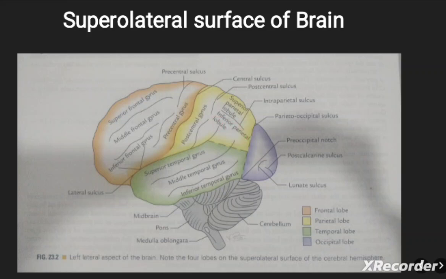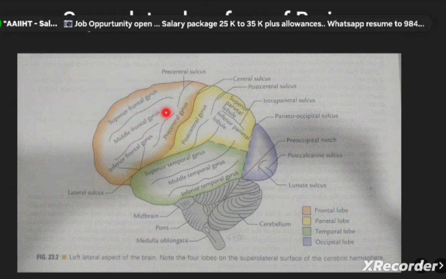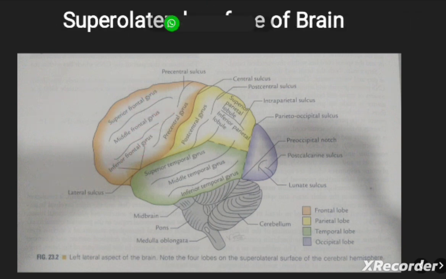So next we can go to the frontal lobe. Here you can see the superior frontal gyrus, middle frontal gyrus and inferior frontal gyrus, and between them there's the superior sulcus and the inferior sulcus. That divides it into three parts: superior frontal gyrus, middle frontal gyrus and inferior frontal gyrus.